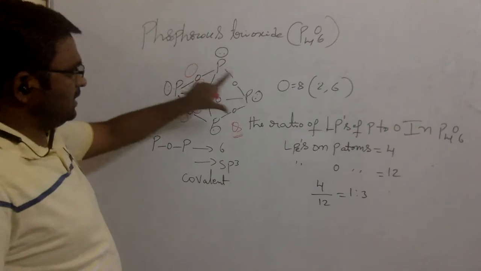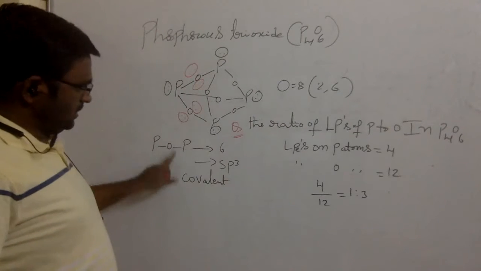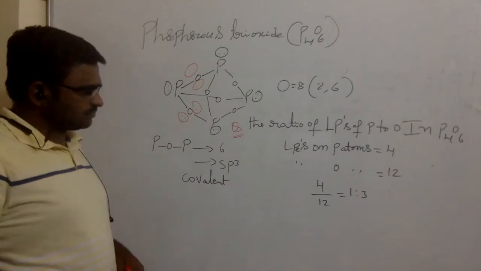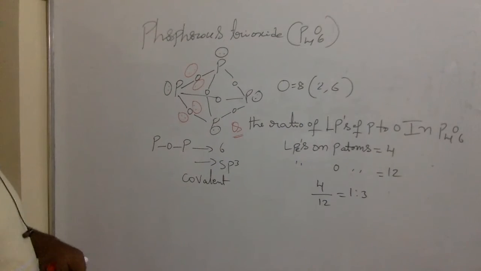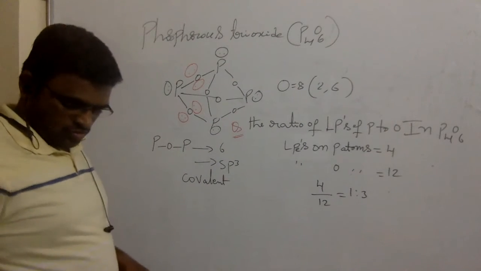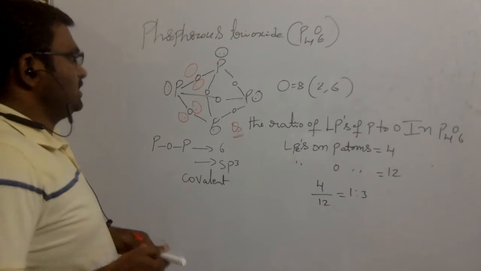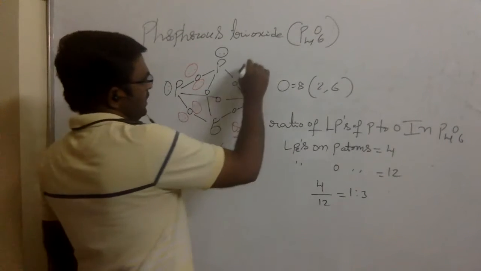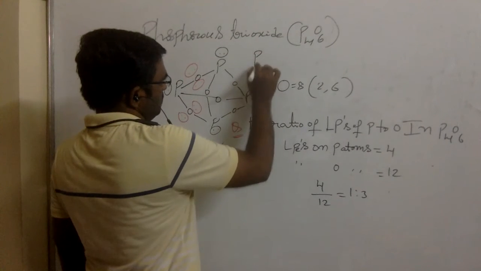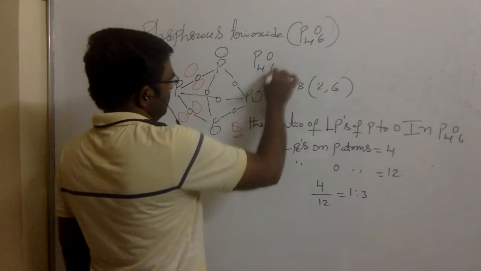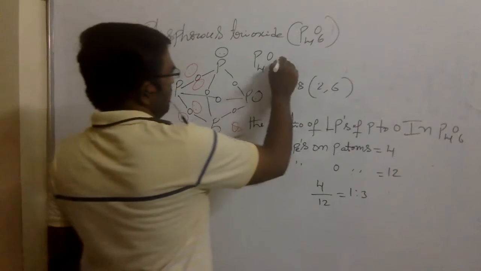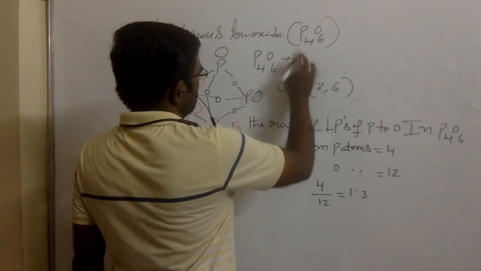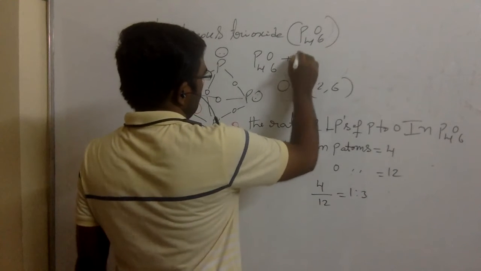This is the information about phosphorus trioxide. Remember its structure and its importance. Next, hydrolysis of phosphorus trioxide: what type of acid is obtained? Phosphorus trioxide formula is P4O6. Hydrolysis means treated with H2O.